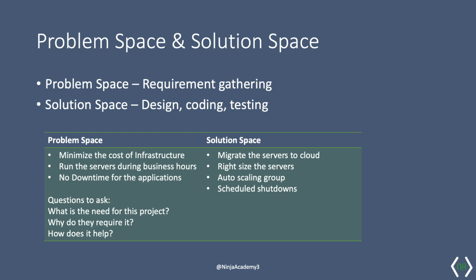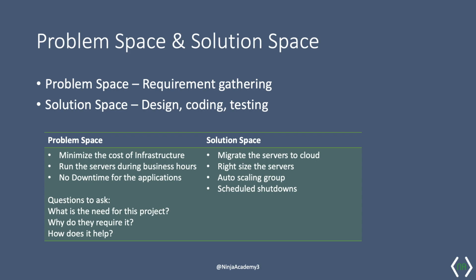So the question that you ask in the problem space is, what is the need for this project? Why do they require it? And how does it help? And when you move on to the solution space, you would be looking at migrating the servers to cloud to minimize the cost of the infrastructure and probably even right size the compute instances so that further reduces the cost of the infrastructure.